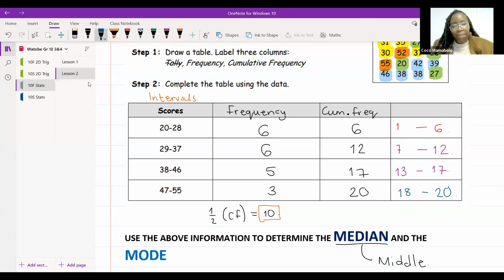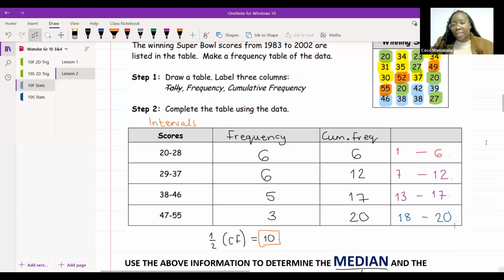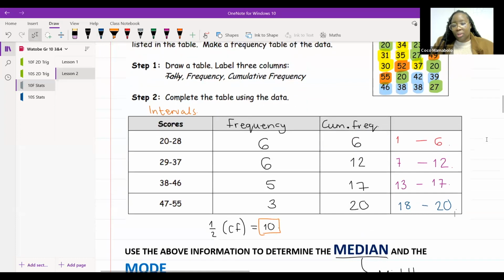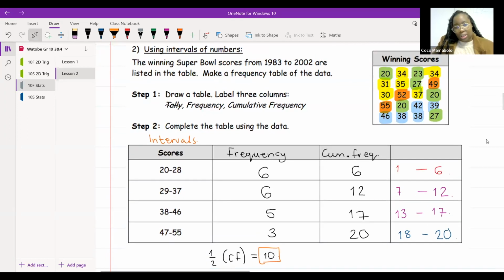Yes, Princess. Hello, ma'am. Hi, my sweetie. What's up? Ma'am, okay, you actually lost me by the 1 to 6. You lost me there entirely because I was following and then I don't know where I went. Hold on. Okay, look. Let's say here, when we counted everything in between 20 and 28, there were 6 numbers, right?